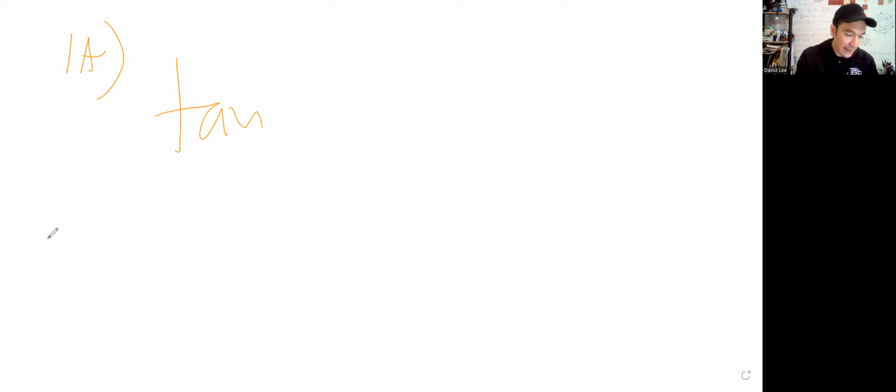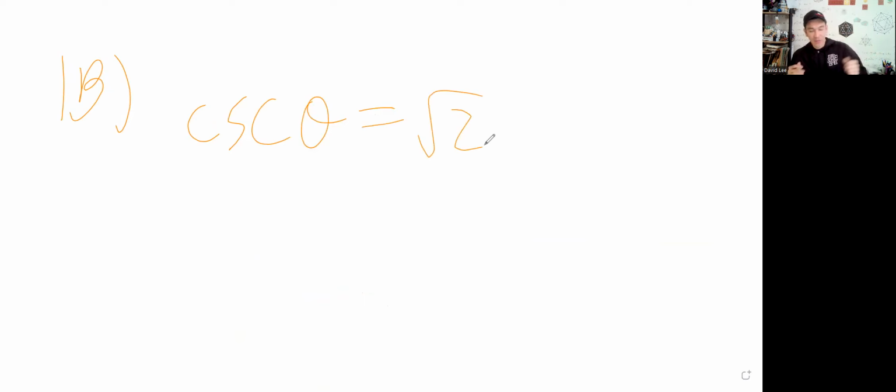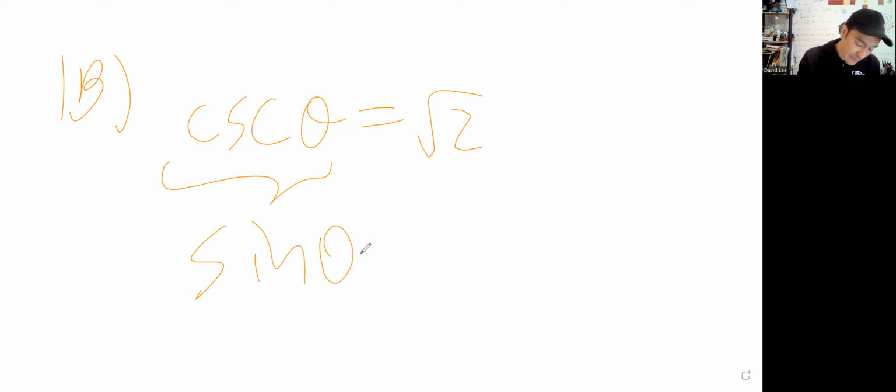Now for 1b, we have cosecant theta equals square root 2. Now recall a trick that we've discussed before. And that is, you can turn cosecant into sine like that, but you'd have to reciprocate the other side.